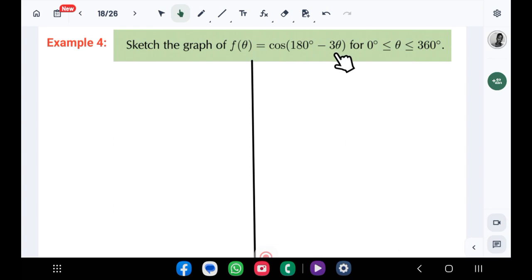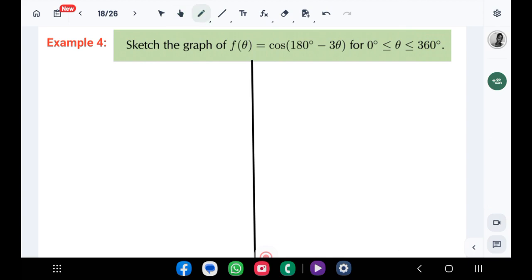Notice that your theta is multiplied by 3, so your period is not going to be 360 degrees. In fact, it's going to be 360 degrees divided by 3. So the period is going to be 120.